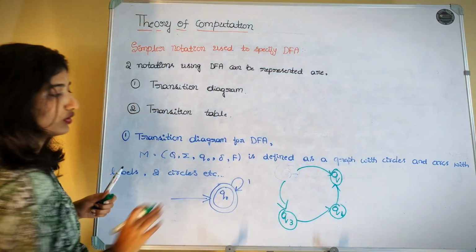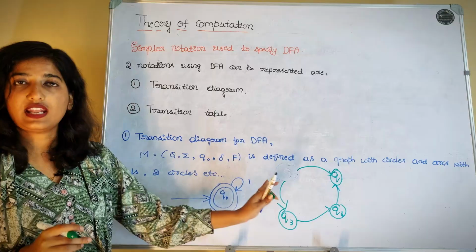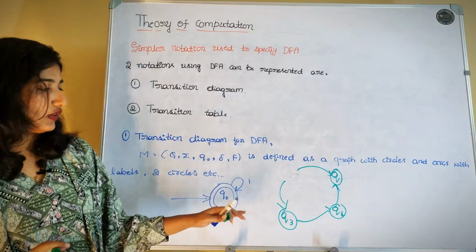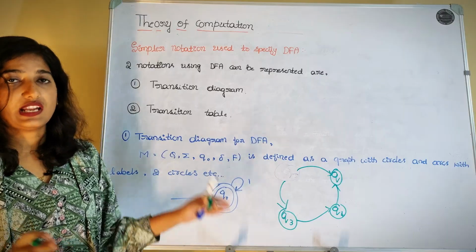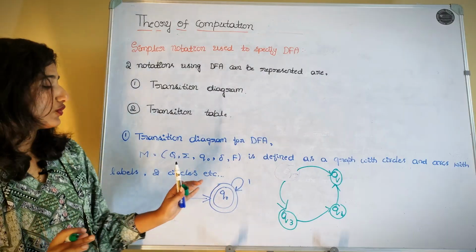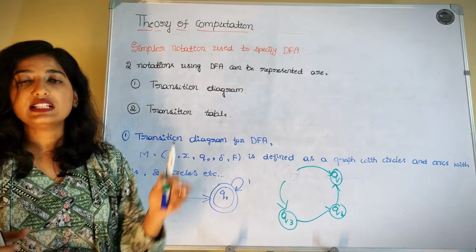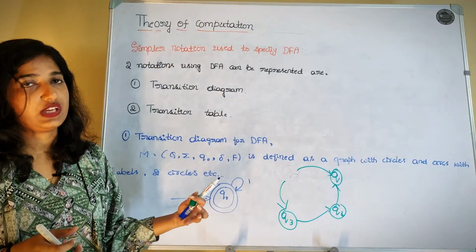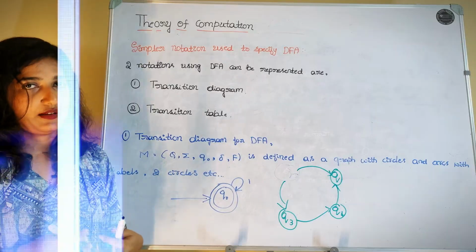So this is also a transition diagram. Now you are clear with transition diagram, right? Transition diagram is something we define with the help of circles, arcs, and labels, and circles and arrows.